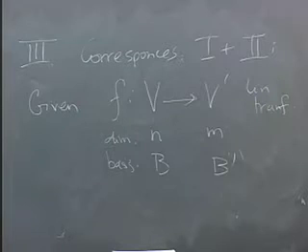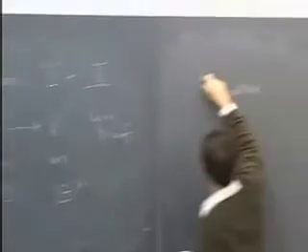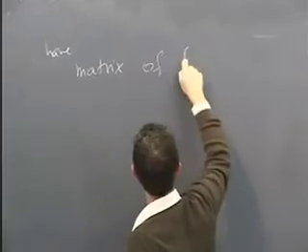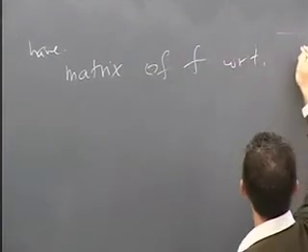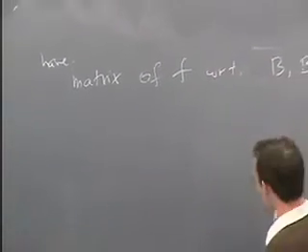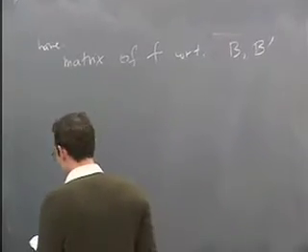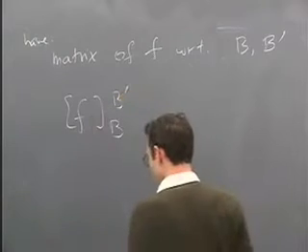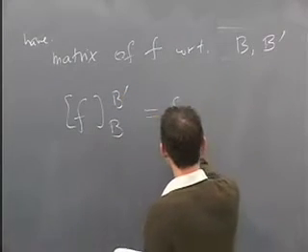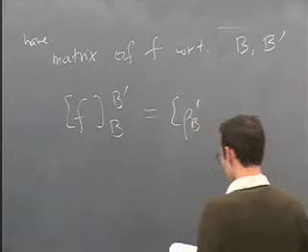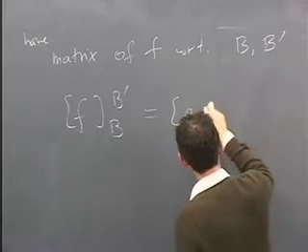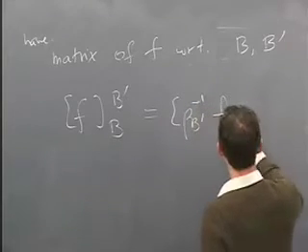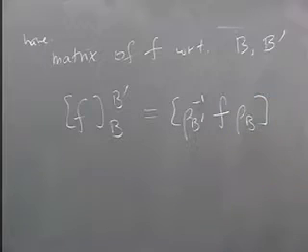So, given this thing, what do we do? Well, we have the matrix of F with respect to B and B prime. How do we define this? Well, let's just give it a notation, F_{B,B'}. This thing is rho B prime inverse F rho B. Why does this make sense?